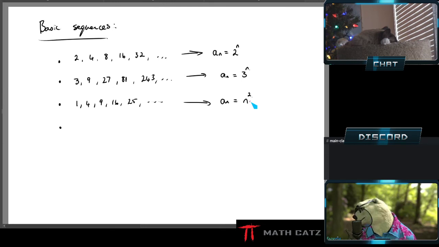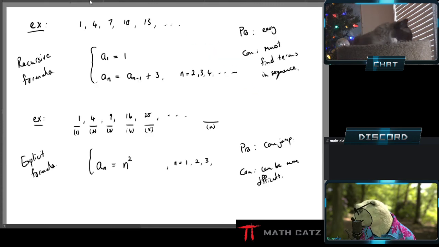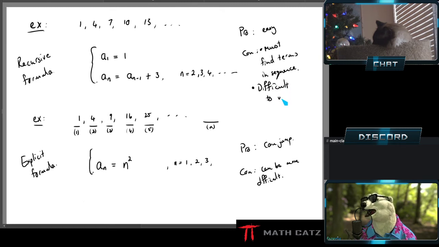Now, when we did this first sequence, we just looked at multiplying by 2 recursively, right? It has an explicit formula, which will be easier to use. Another downside to the recursive formula is, yes, I must find the terms in sequence, and it's very difficult to actually use past finding a few terms.